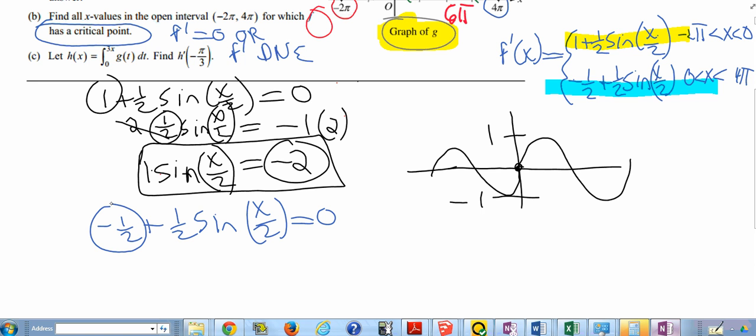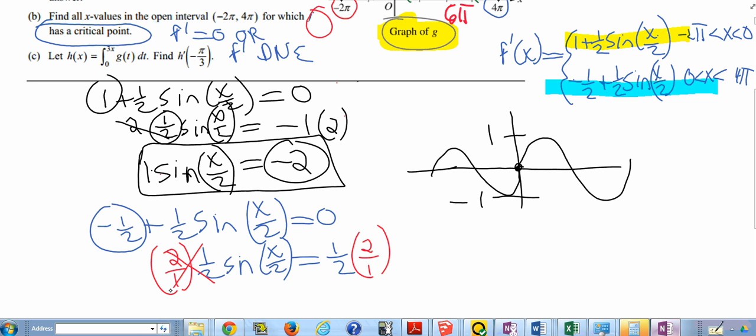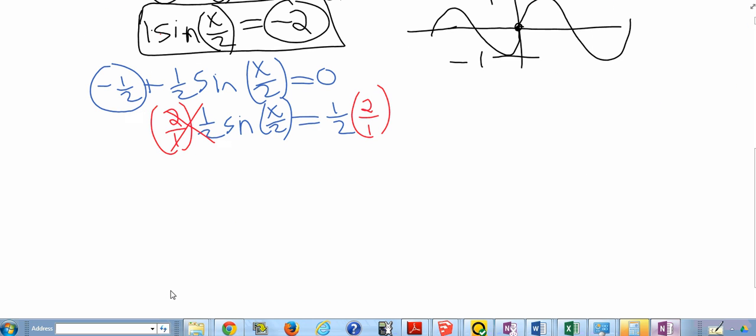Moving that negative 1/2 to the other side by adding a half, we're going to do the same process and multiply by 2 over 1. You get cancellation there, same thing on the right. You get that the sine of x over 2 is equal to 1.